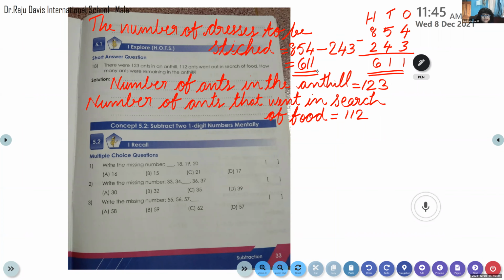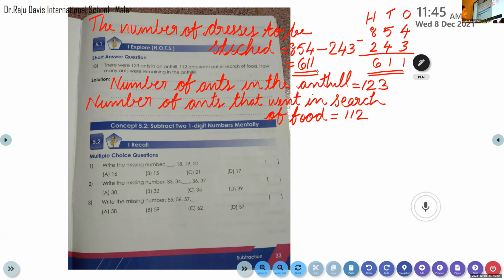Catherine, can you tell me the third step? What we have to find out here is how many ants were remaining in the anthill. So what will be the third step? We can start with number of ants remaining in the anthill.